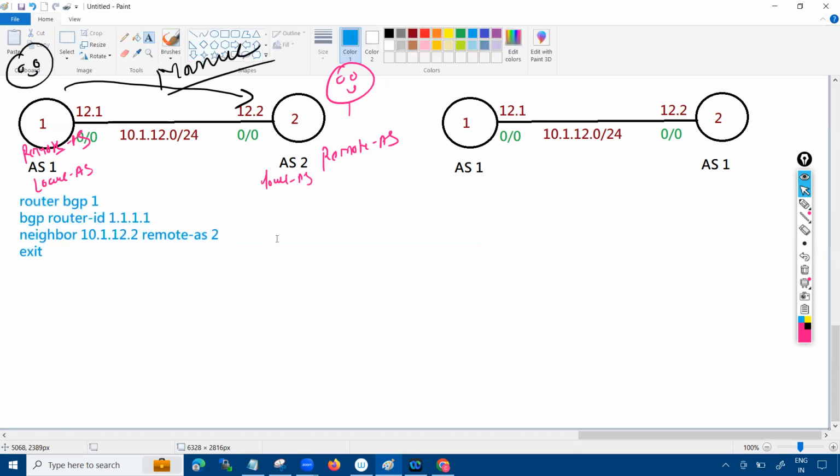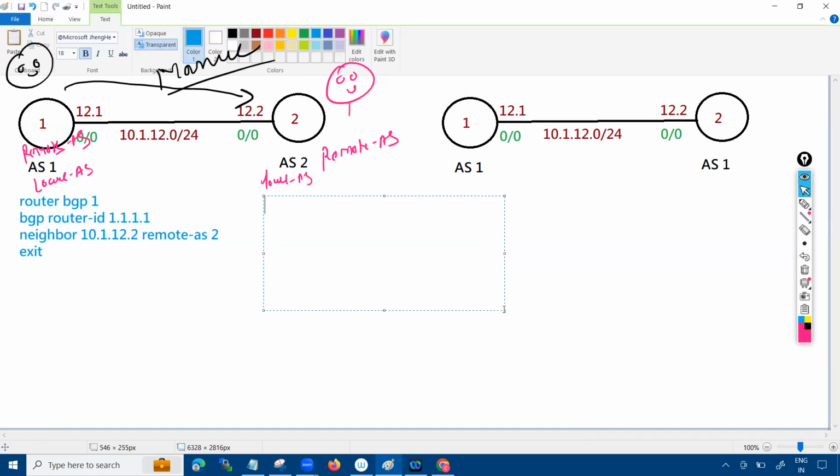Same command on router number 2 now. Router BGP number 2. If you want to define the router ID, you can define it. I'll say 2.2.2.2. And I'll say neighbor 12.1. The 12.1 is going to use AS number 1.